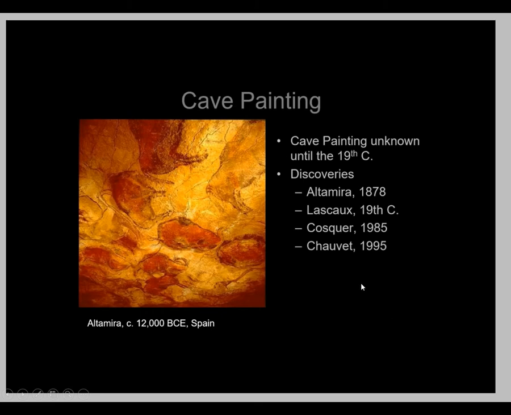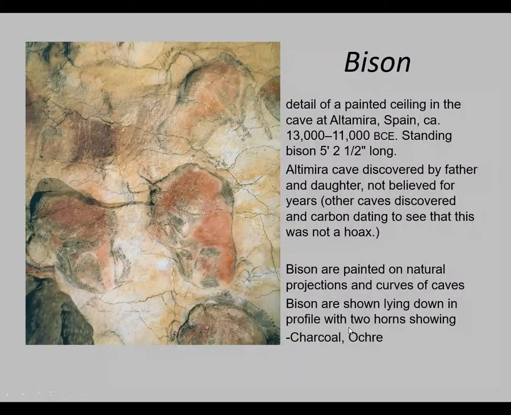That might not sound very recent for some of you, but in art history, since we're starting at 40,000 BCE, that's pretty recent. Oh, and I should mention BCE. We refer to that as before the Common Era. All right, instead of just BC, that's no longer used, and then we will get to CE, the Common Era, very soon. All right, so let's look at the bison in the cave of Altamira.